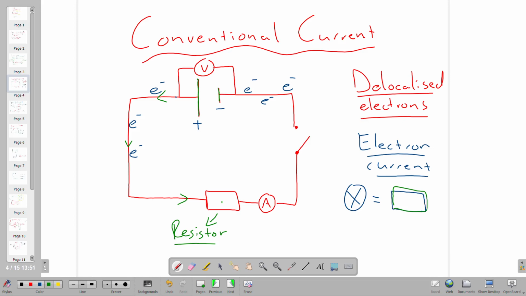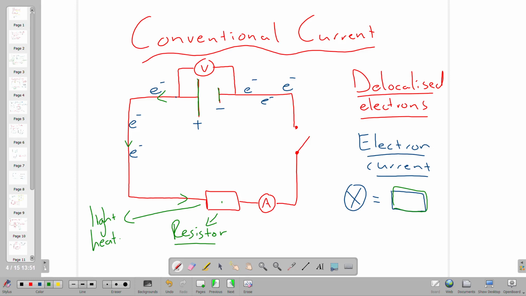Now resistors are anything that give resistance to the flow of current. So it's harder for the current to actually flow through a resistor. And it actually loses energy when passing through a resistor, and that energy is given off in the form of light or heat, etc. So in olden days light bulbs lit up because of the high resistance of the filament that we use.